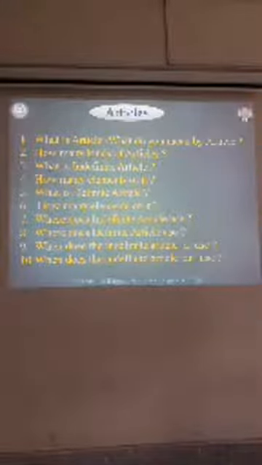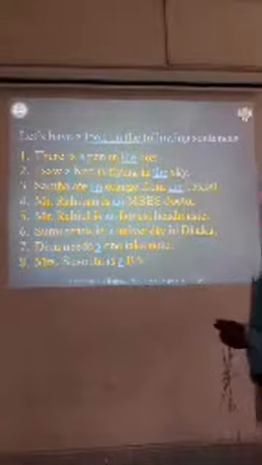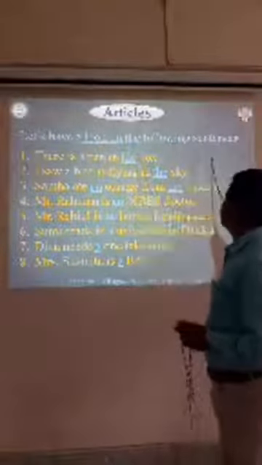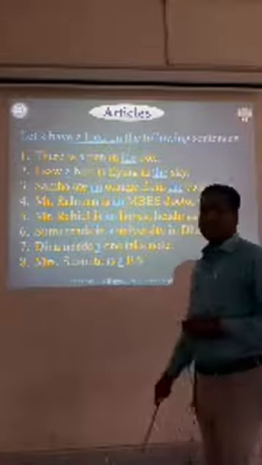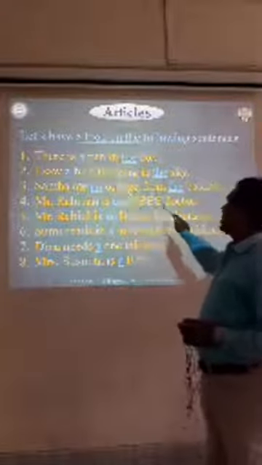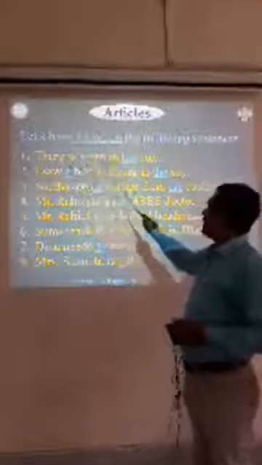Now we will go to our lesson. Let's have a look at the following sentences. You see, number 1, there is a pen in the box. Number 2, there is a pen in the box.